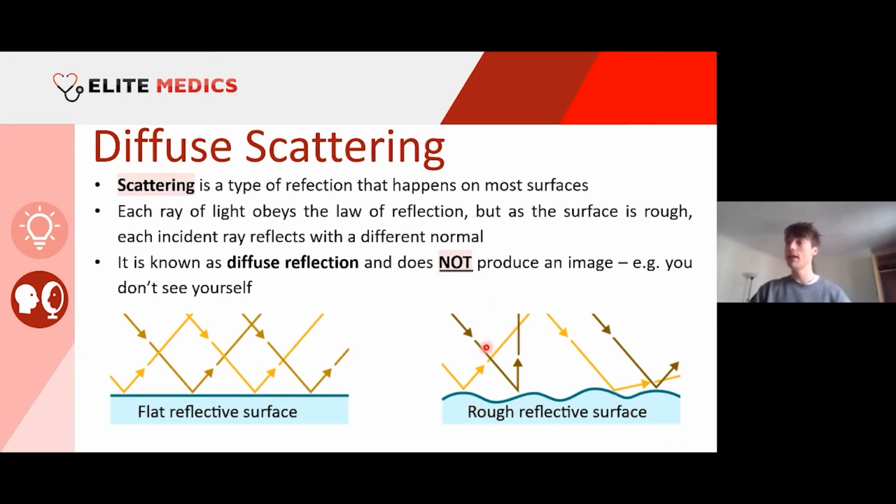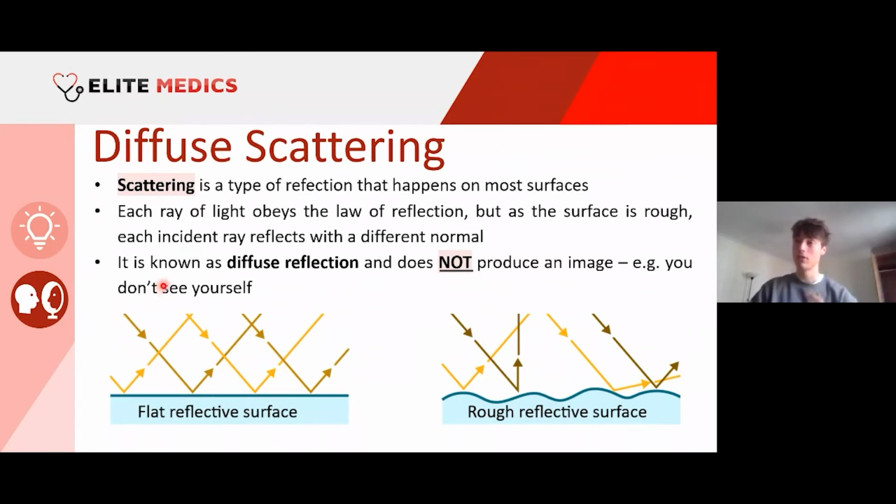So they all obey the law of reflection, but because they touch the surface at different angles, because it's a rough surface rather than a flat surface, that's why we have what we call diffuse reflection. They all come out at different angles. It's not a perfect reflected surface like here, where it's all very structured.